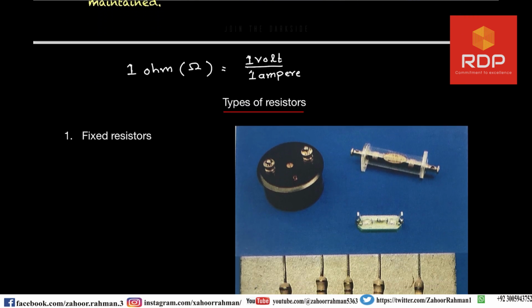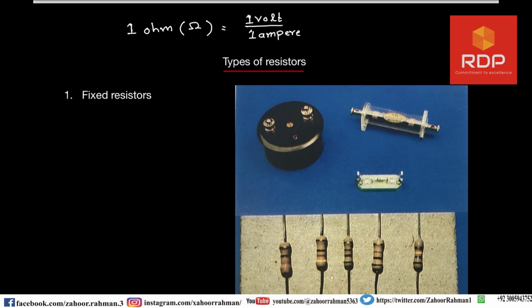So 1 ohm is equal to 1 volt per 1 ampere. It simply means that when 1 volt is given and 1 ampere current is flowing, then the resistance will be 1 ohm.